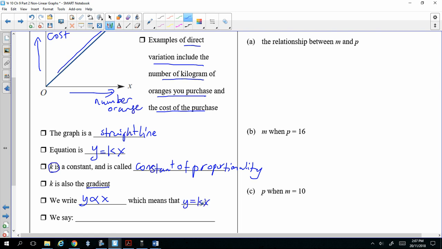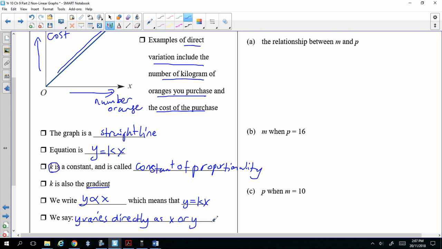So we say y varies directly as x, or y is directly proportional to x.